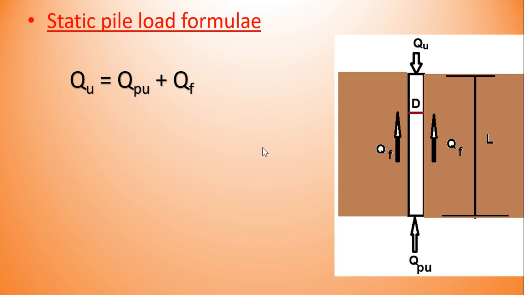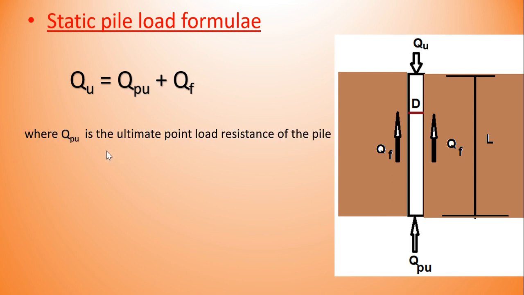The maximum load which the pile can support through the combined resistance of the skin friction, QF, and the point bearing, that is QPU, is known as the ultimate load capacity, QU, of the pile. QU is equal to QPU plus QF, where QPU is the ultimate point load resistance of the pile, and QF is the ultimate skin friction resistance of the pile.